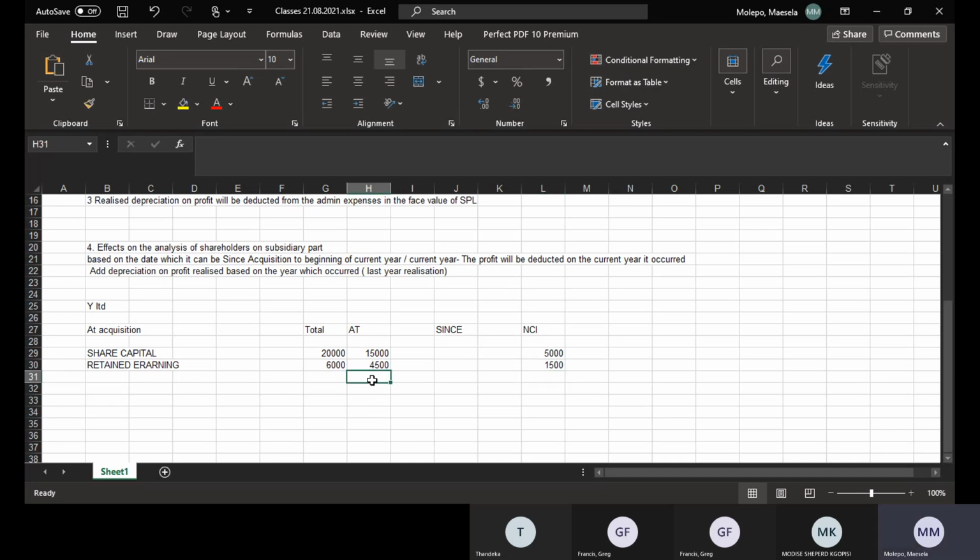So the consideration, we're going to do the total, which gives us 19,500. The consideration given as shown in the pre-adjustment trial balance is also 19,500. So it means the goodwill will be nil, 0, and here we have a total of 19,500.